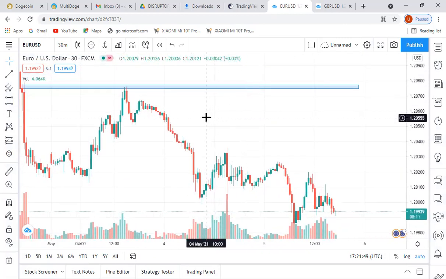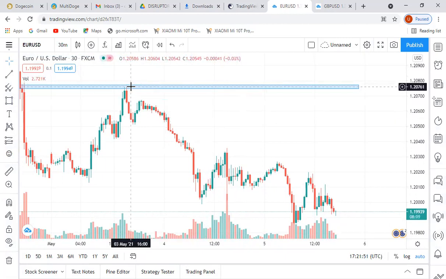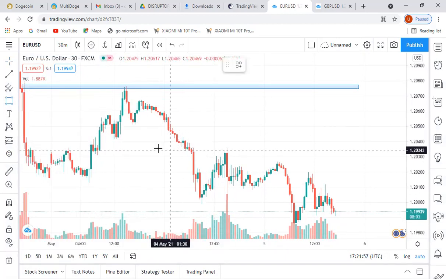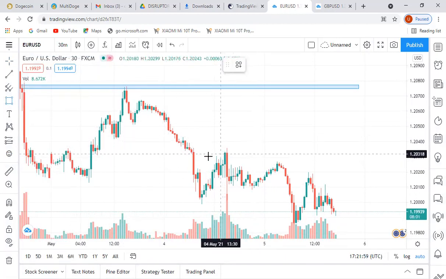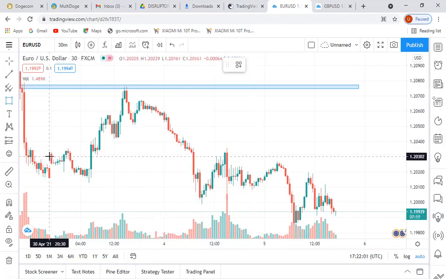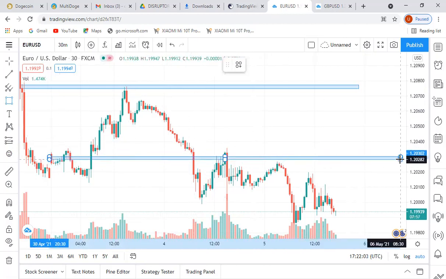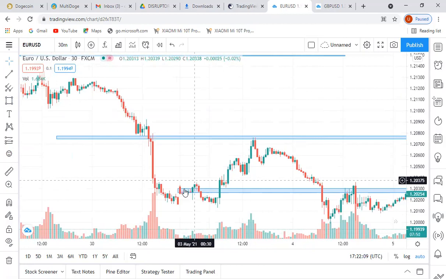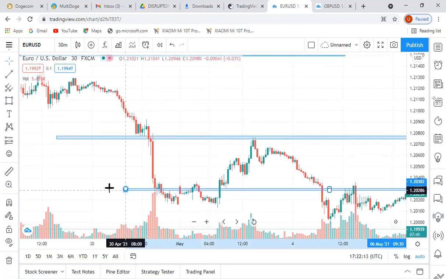For now, I will call this major resistance 1 because we can't even see the other part of the market. So for now, where we can see is where we base our analysis. So this is major resistance 2, and this is major resistance 1 because the market is far away from where we are.